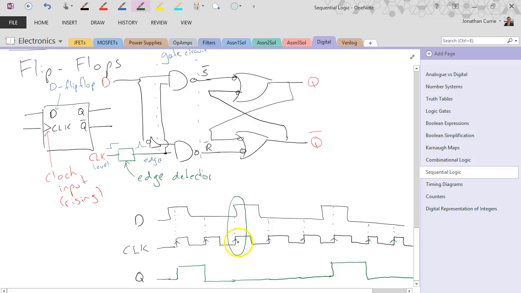Alright, it's only what is read on the edge of the clock at this point here. And that's very fundamental to being edge triggered. If it was level sensitive, then any time the clock is high, the output could change as well. But in this case, we're only interested in what happens at that particular edge.